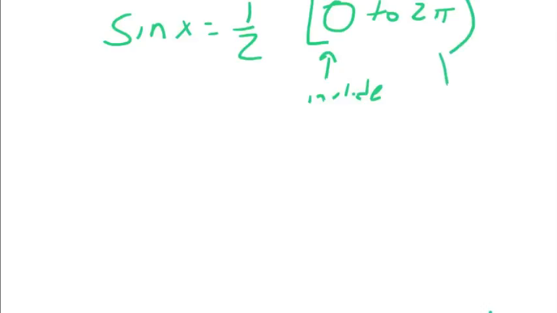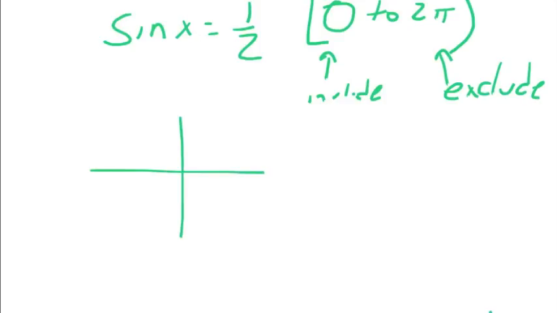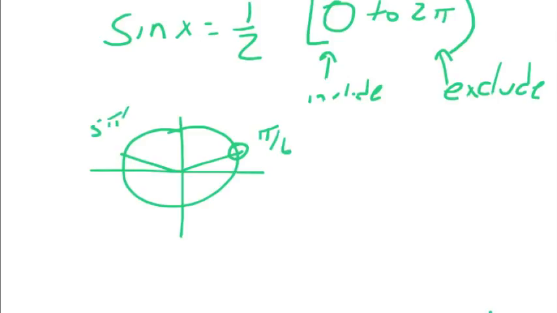If there is a parenthesis, that means exclude. So in this case, we would start at 0 and go to 2 pi, but not include 2 pi in our answers. So looking at this one again, we have two solutions, pi over 6 and 5 pi over 6, and those are all of the answers in this interval, because if we continue around the unit circle and come past 2 pi, we've left the interval that we were asked for.